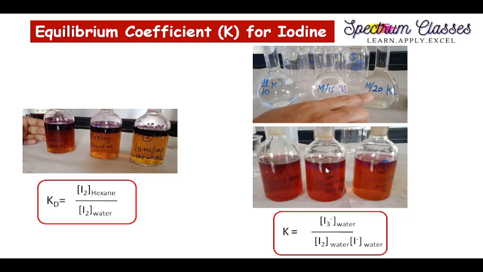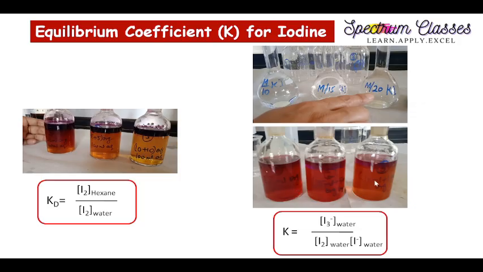Here you can clearly see the organic layer and aqueous layer are different from the previous case. Here only iodine distributes itself, but here it forms a complex and more iodine goes into the aqueous layer. So here, I2 plus I minus gives us I3 minus, and for that reaction we are going to determine the equilibrium constant. I hope you understand this clearly.